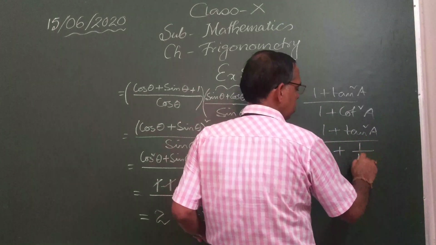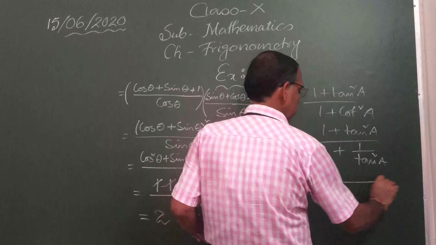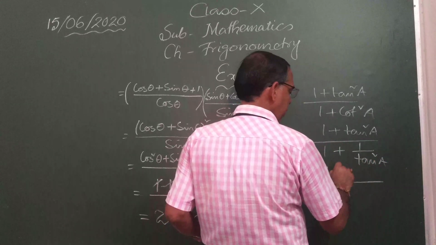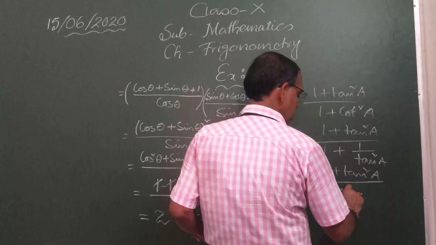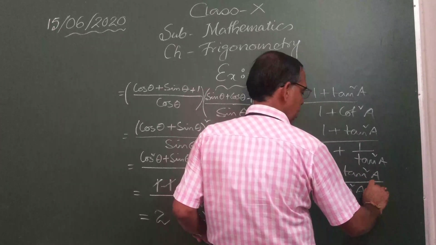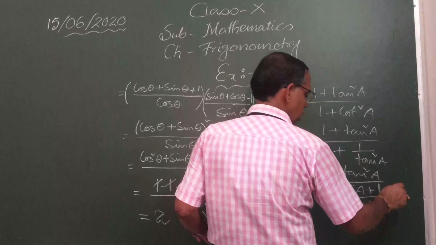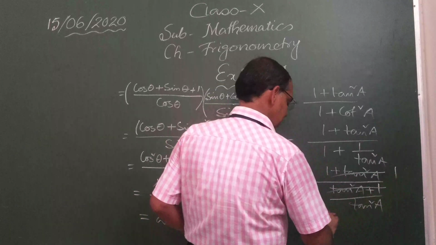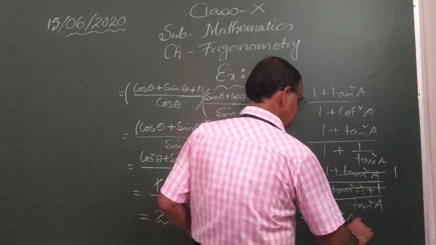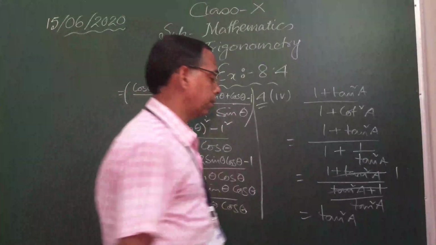The denominator I will change, and it will be 1 plus 1 by tan square A. Then you take the LCM: 1 plus tan square A divided by tan square A plus 1 divided by tan square A. So if you do the simplification, it will be tan square A. So which is the option? Option D.